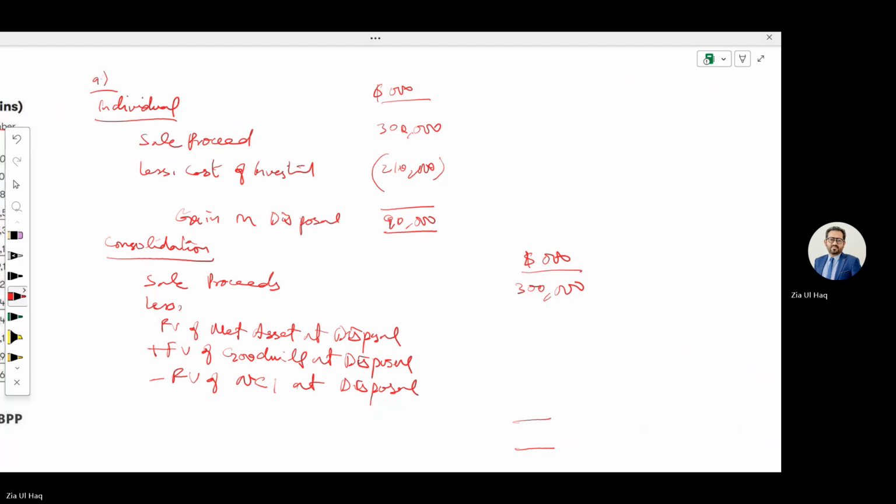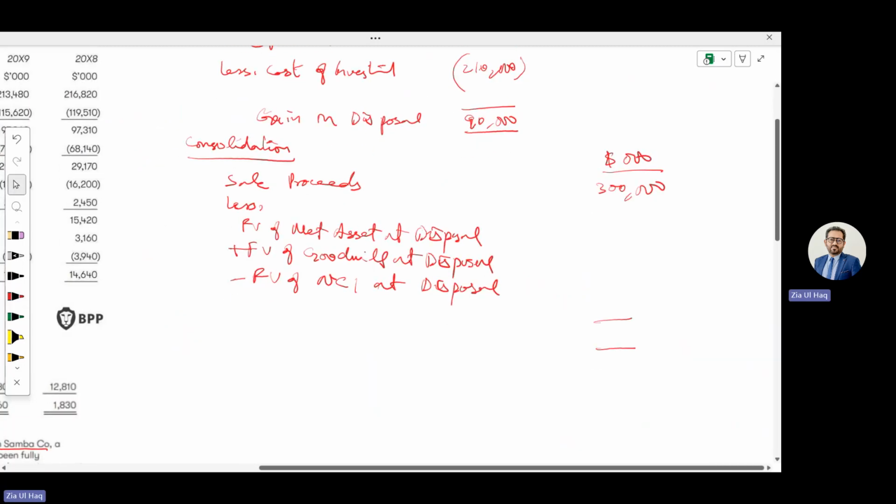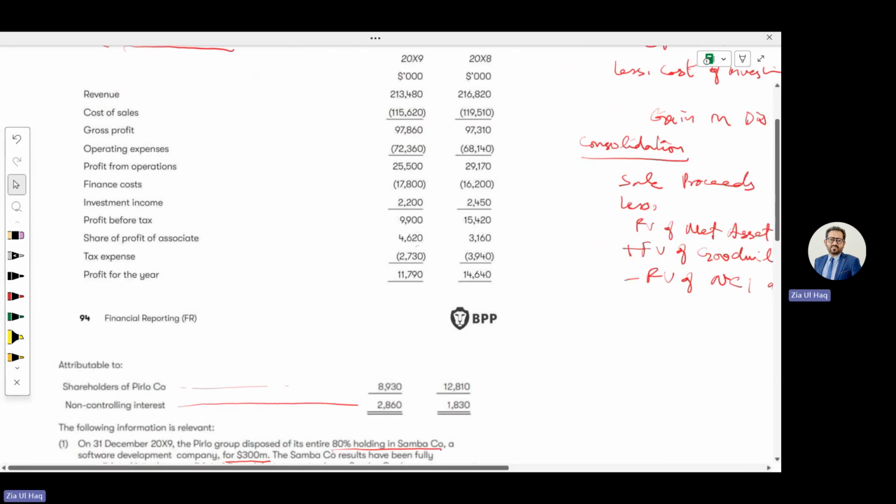Now we need data for fair value of net assets at disposal, fair value of goodwill at disposal, and fair value of NCI at disposal. Let's see.